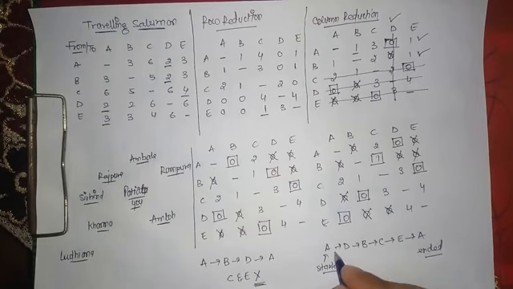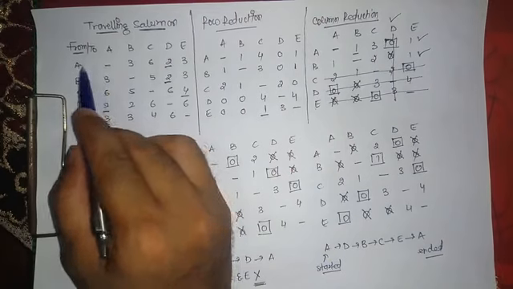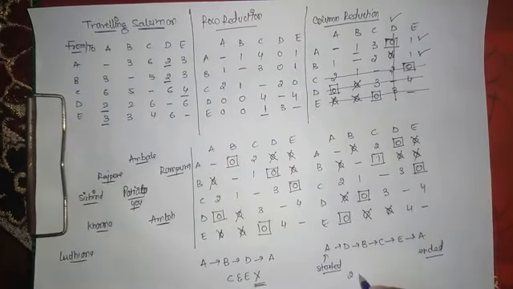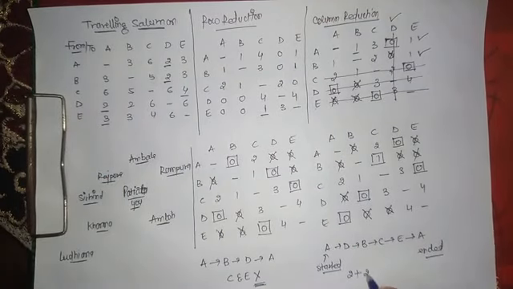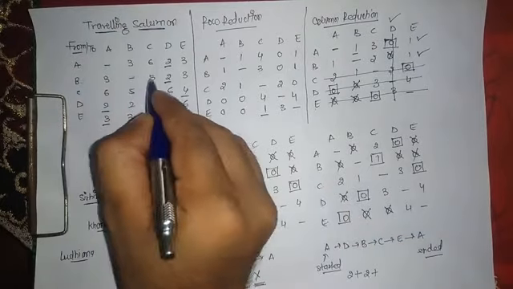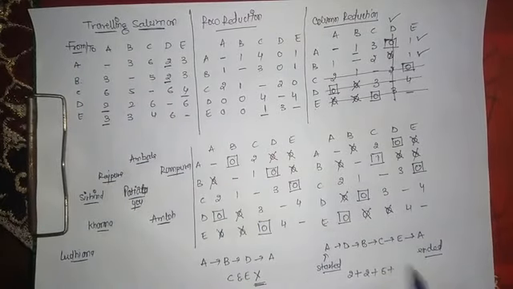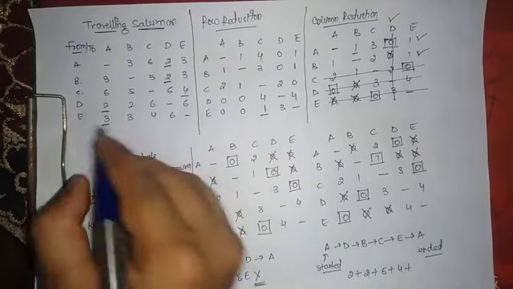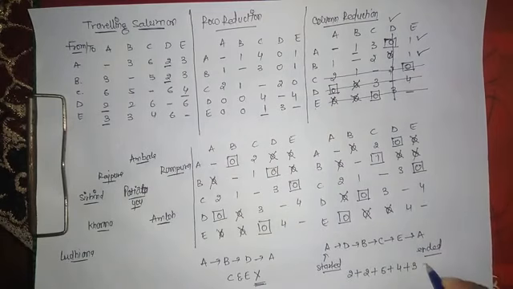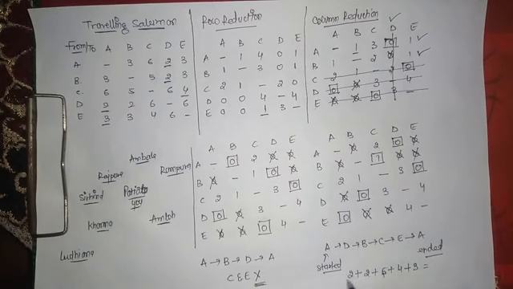And how to write the cost? We are going to take it from the original matrix. A to D, 2, plus D to B, 2, plus B to C, 5, plus C to E, 4, plus E to A, 3. 4, 3, 7, 5, 12, and 12 and 4, 16.